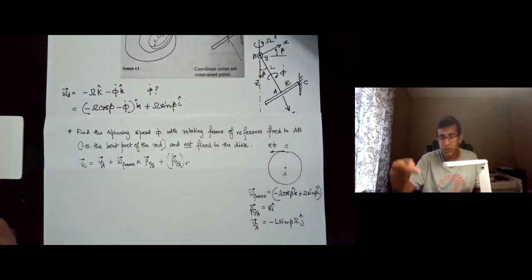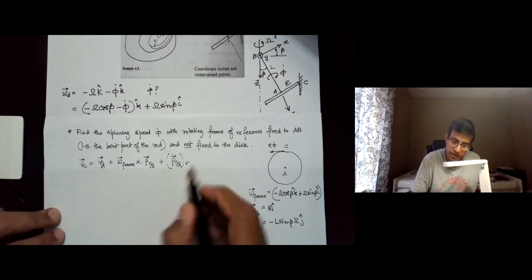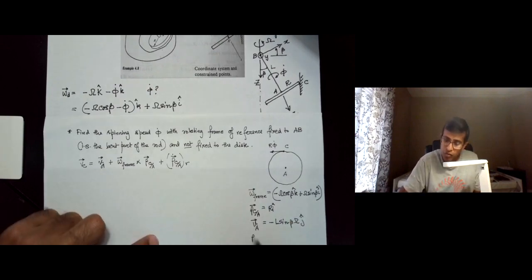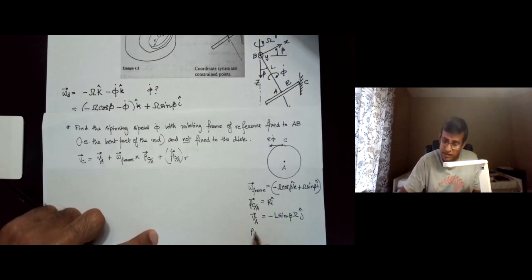R phi dot is going inwards, so basically rho C with respect to A dot in the rotating frame is negative R phi dot j.